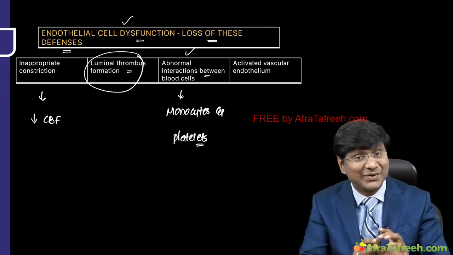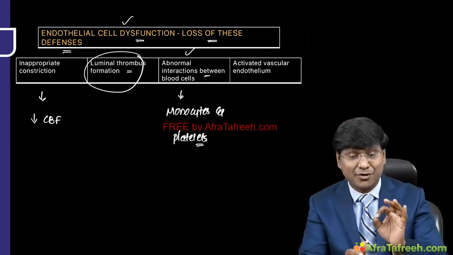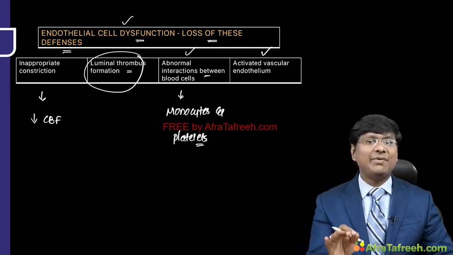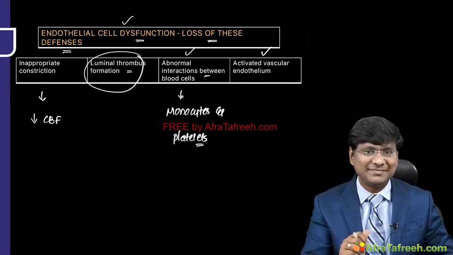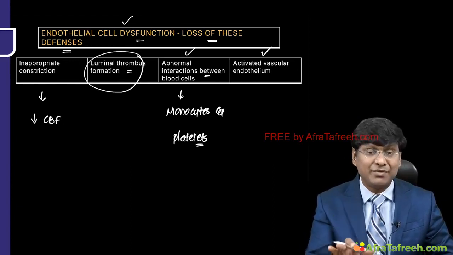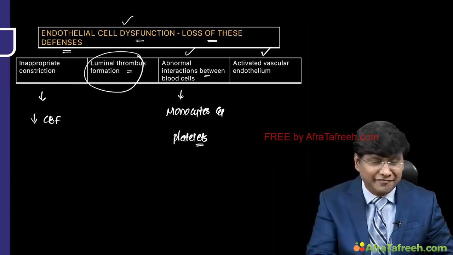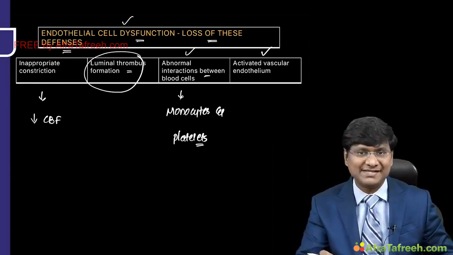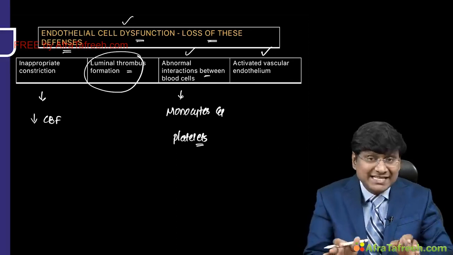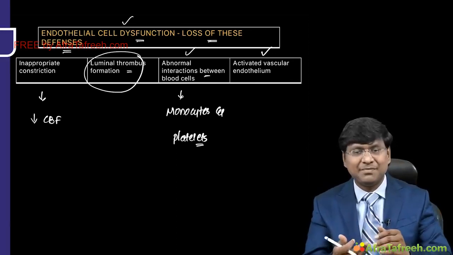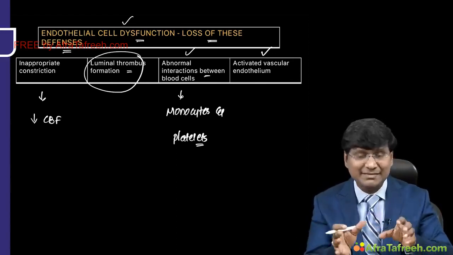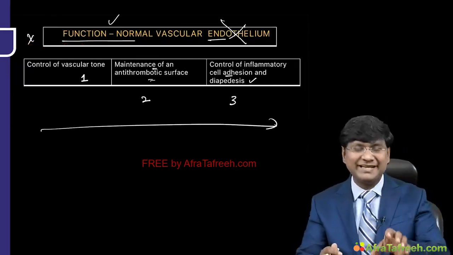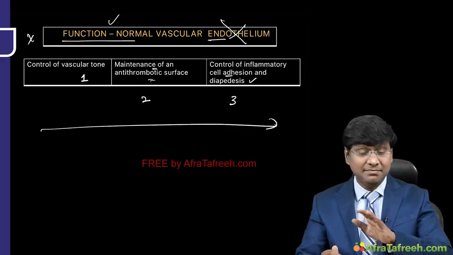Another important problem because of the loss of defense mechanism is activated vascular endothelium. So the loss of vascular endothelial defense will lead to all of these abnormalities. Now, once these abnormalities develop, what will happen in the blood vessel? So all these 3 functions are maintained by the vascular endothelium.